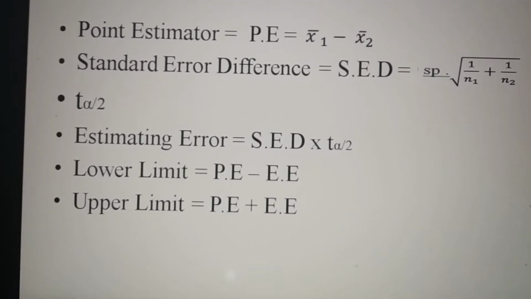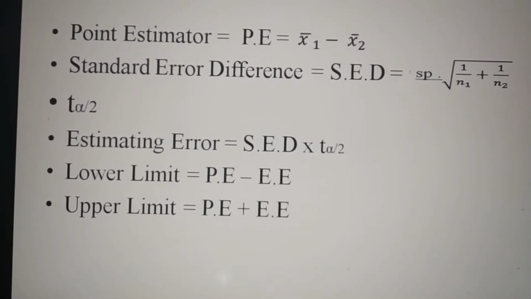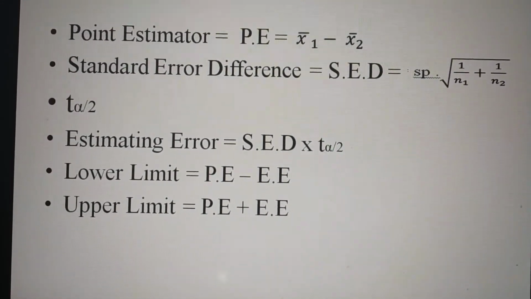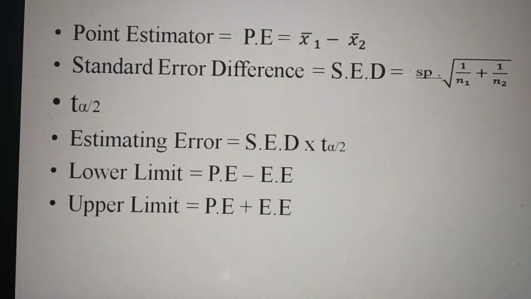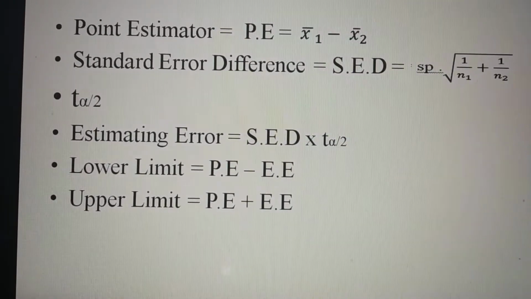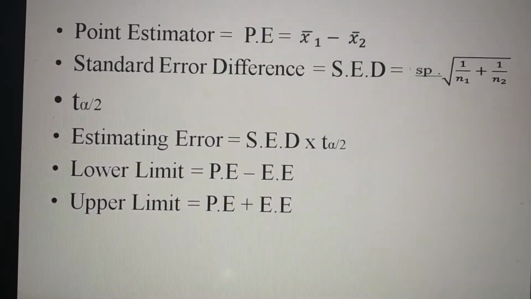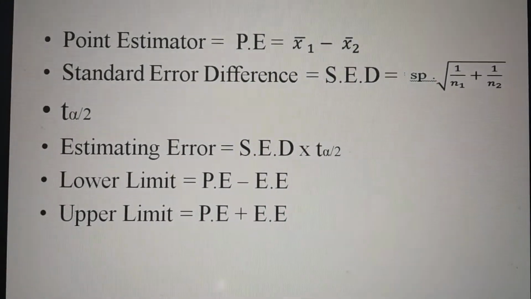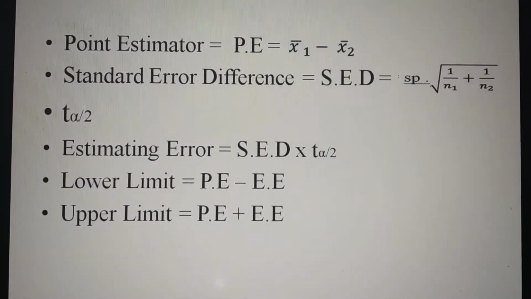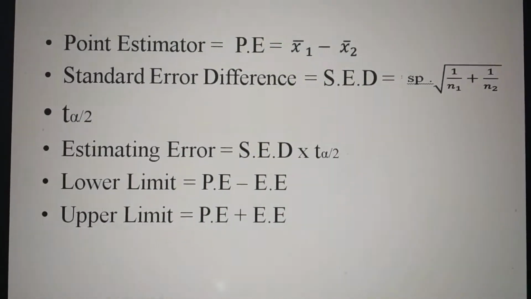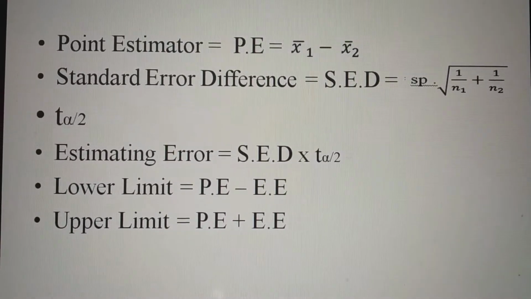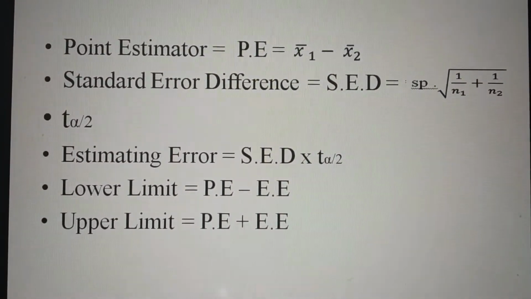We break this formula into 6 parts. First part is the point estimator, that is x1 bar minus x2 bar. Since we are estimating mu1 minus mu2, its respective statistic will be its point estimator, that is x1 bar minus x2 bar. Then we have the standard error difference, that is sp under root 1 upon n1 plus 1 upon n2. The third requirement is t alpha by 2.